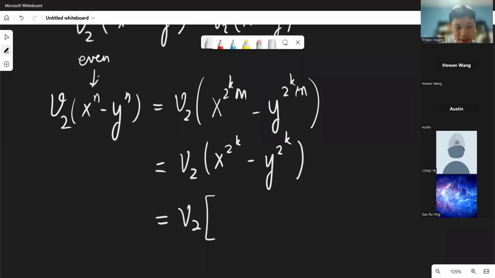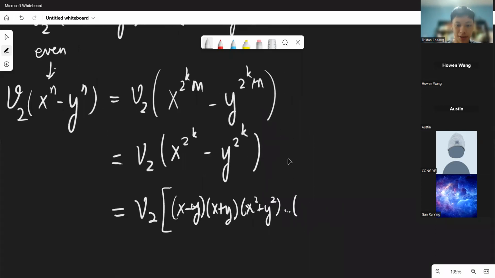So this is just x minus y, x plus y, x squared plus y squared, and then x to the 4 plus y to the 4, and so on, until the last term is obviously x to the 2 to the k minus 1 plus y to the 2 to the k minus 1. But then for v2, we just have to add all of these, right?